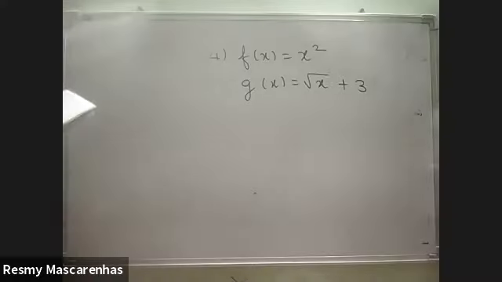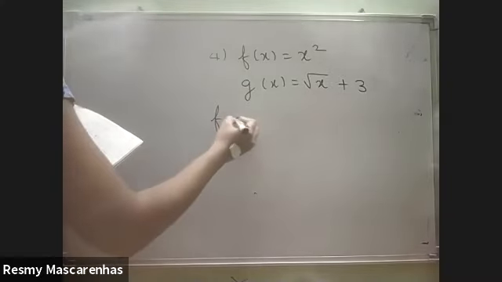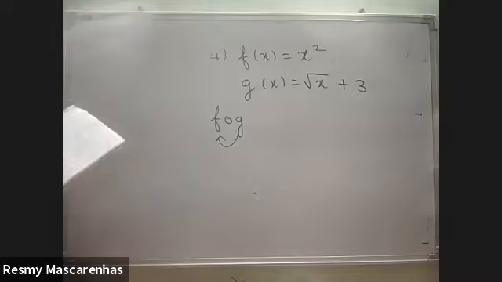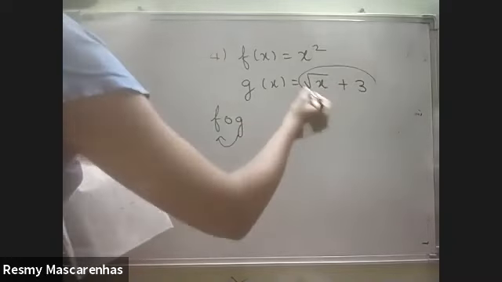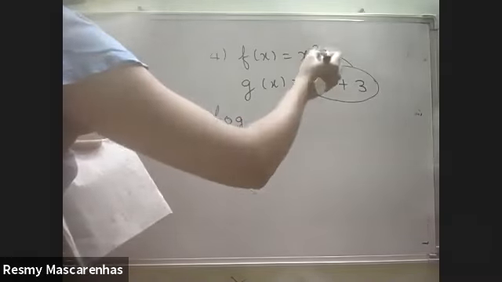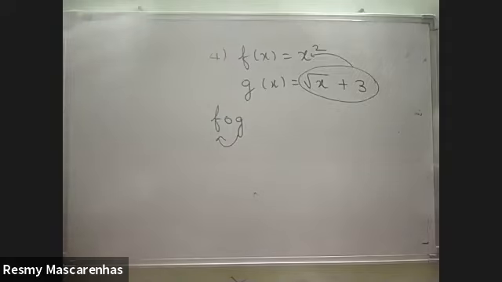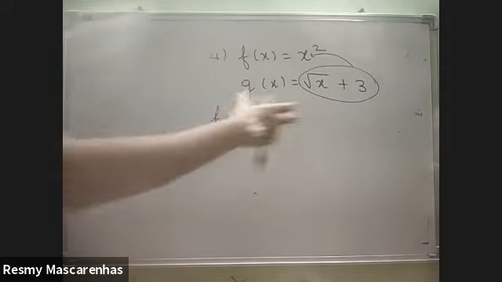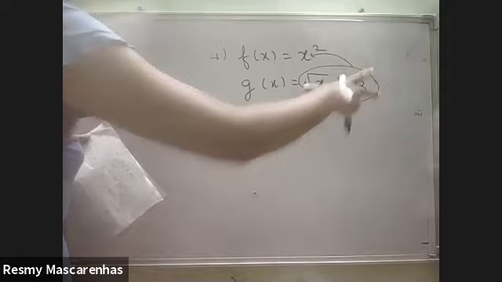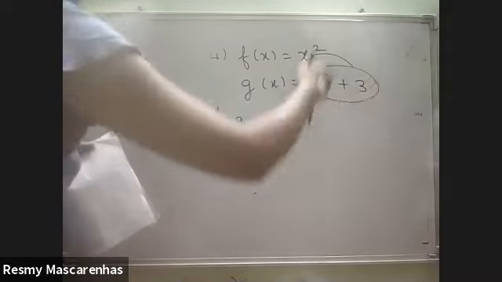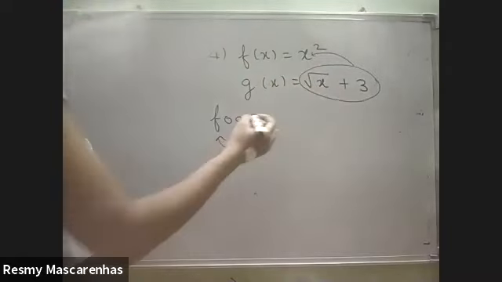Now we have to find FOG. G you have to put in F. G means this full thing will go here. So whichever you are substituting, that whole function, not only x or something. This full G goes in this x.